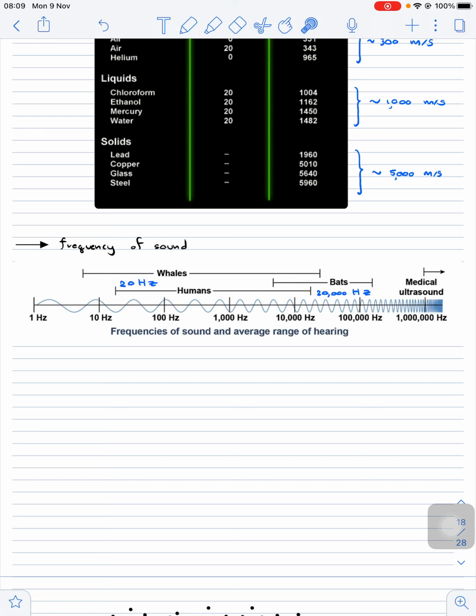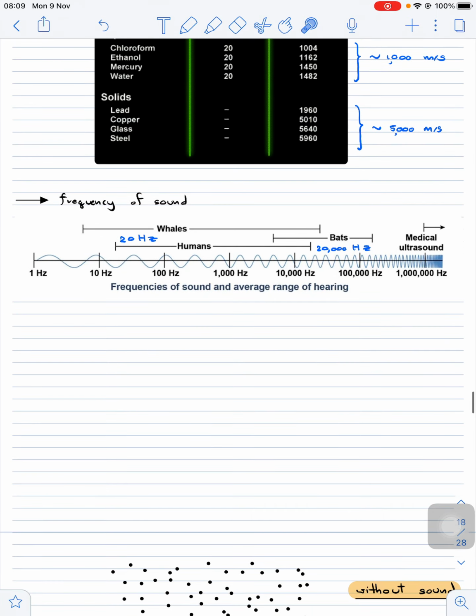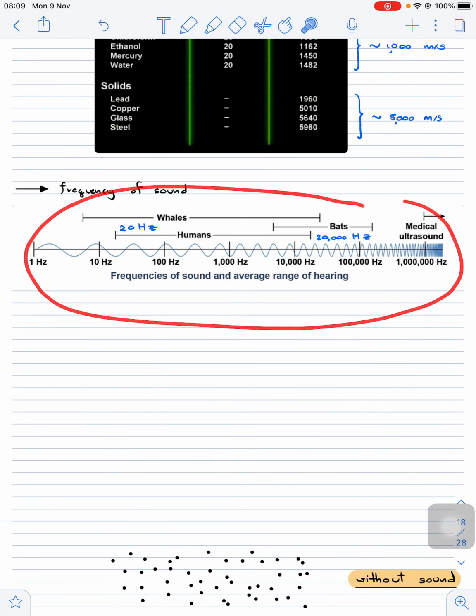For ultrasound, the frequency should be greater than 20,000 Hz. And whales can hear about 8 Hz up to 30,000 Hz, as you can see from this diagram.